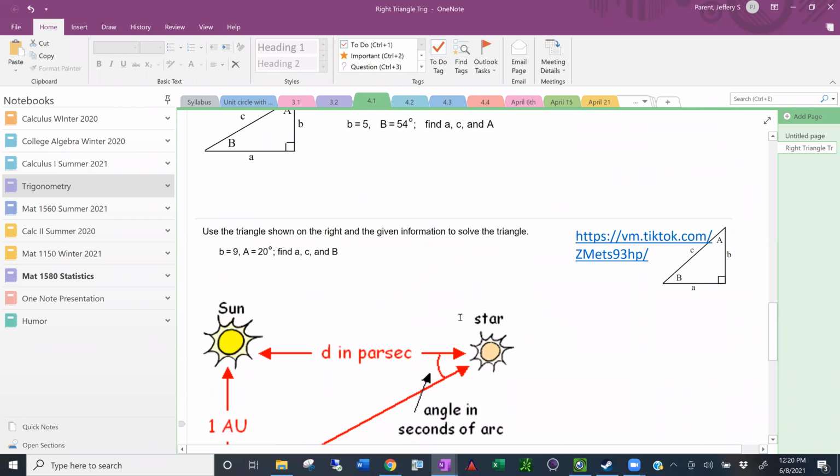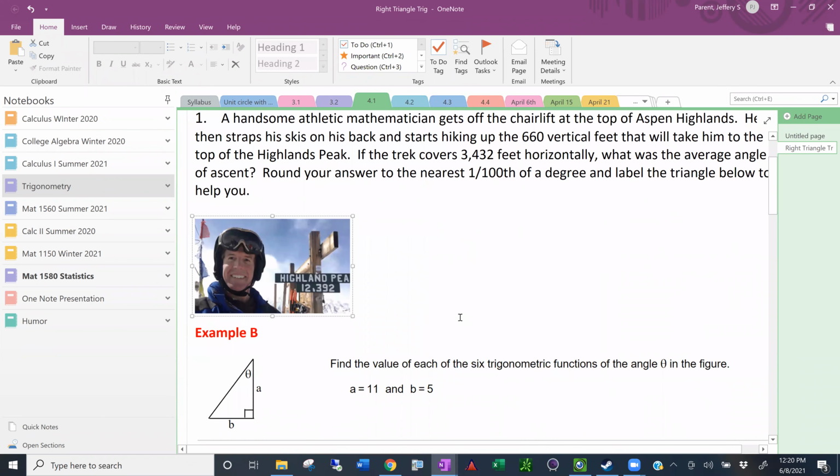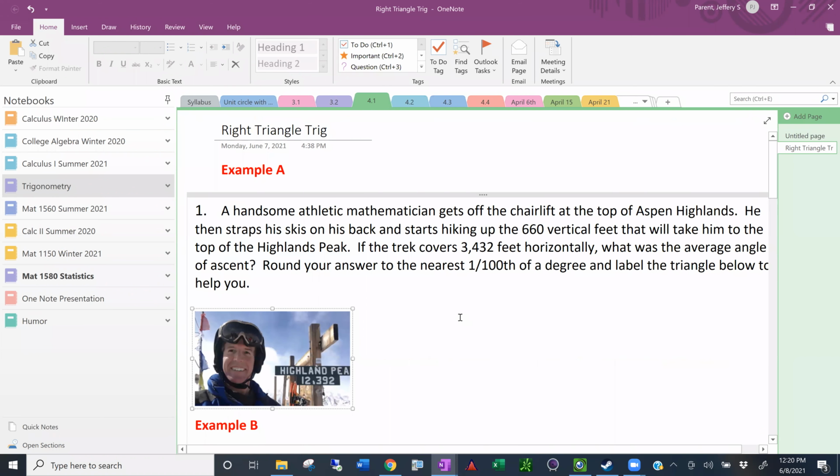And again, what's nice about these things is that they're really applied problems. So let me skate all the way up to the top. Some random problem that I pulled off of my math lab. You've got a skier who gets off the top of this chairlift at Aspen Highlands and then hikes up 660 vertical feet on a trek that covers 3,432 feet. So let's draw a triangle that reflects this.